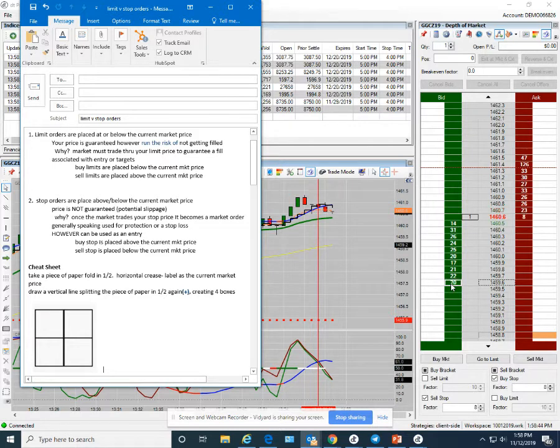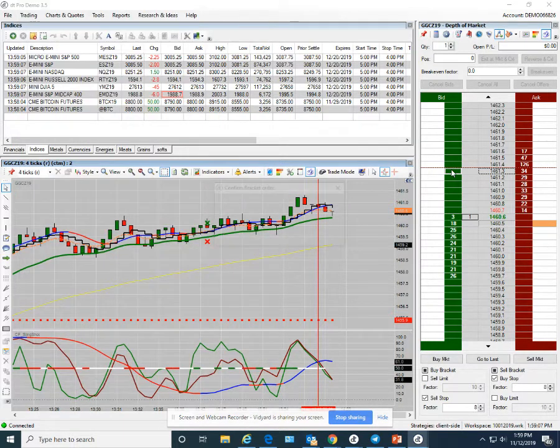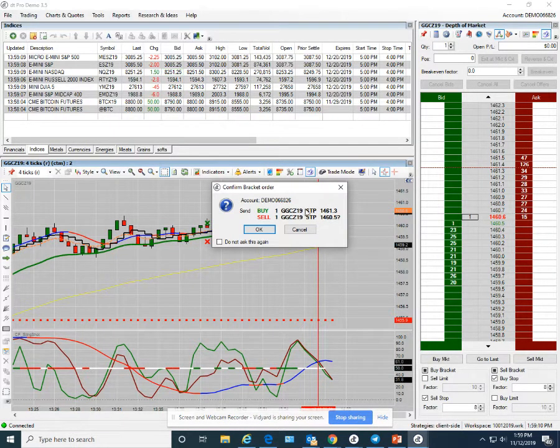The other side of it is stop orders. So what are stop orders? Stop orders are placed above or below the current market price. Let me break this down. If we're on the buy side, then a buy stop would be above the current market price.